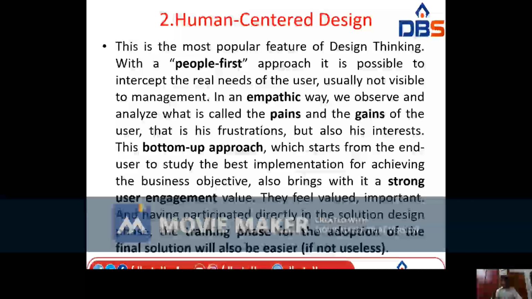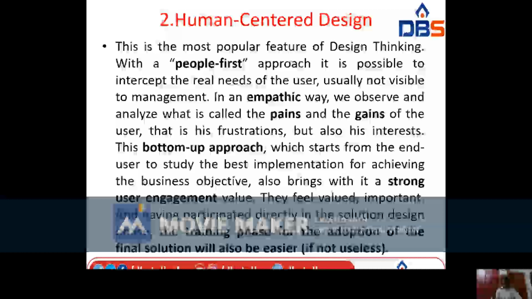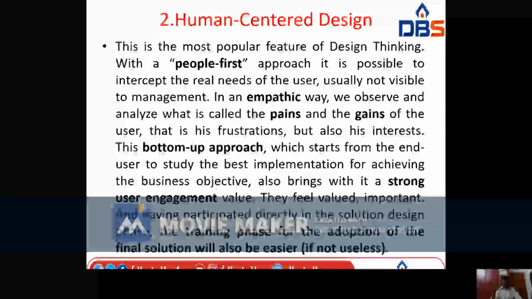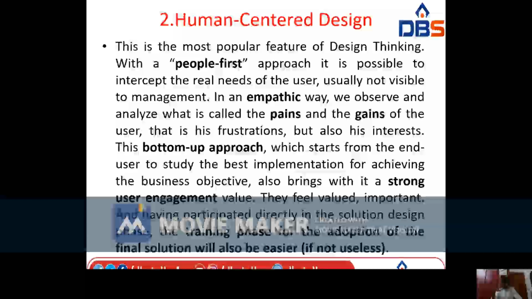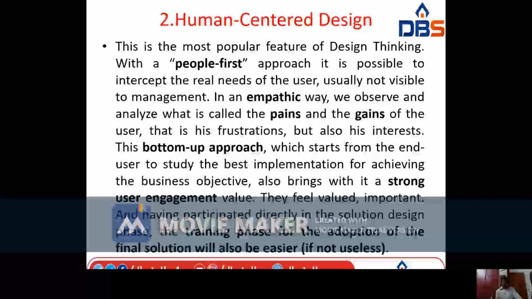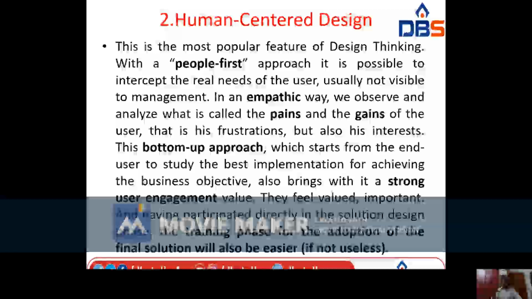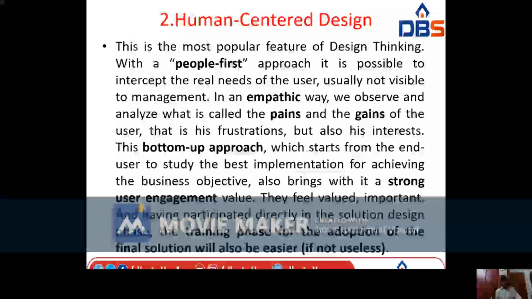In an empathic way, we observe and analyze the pains and gains of the user, that is his frustrations, but also his interests. In an empathic way, we get complete information from the user.